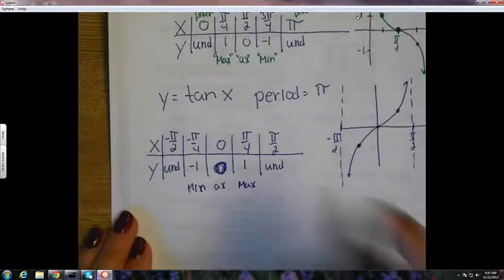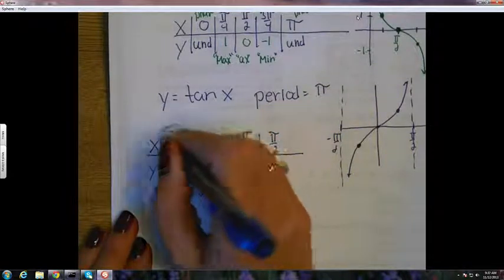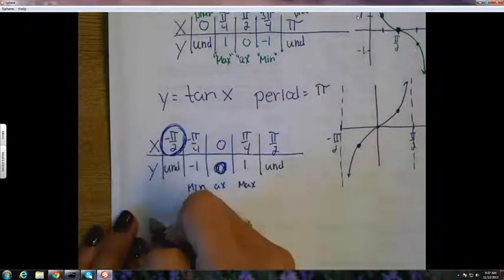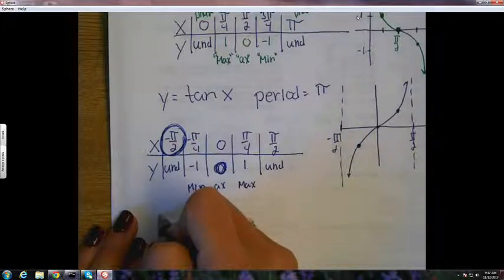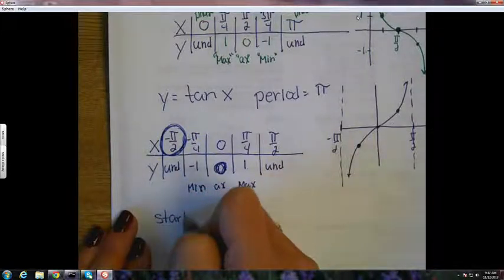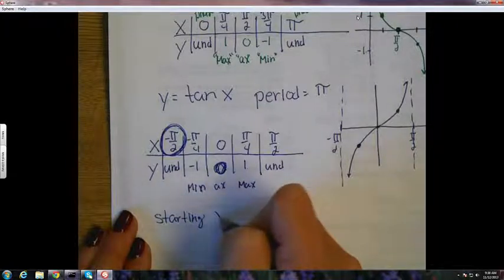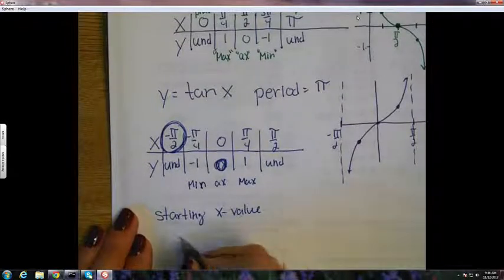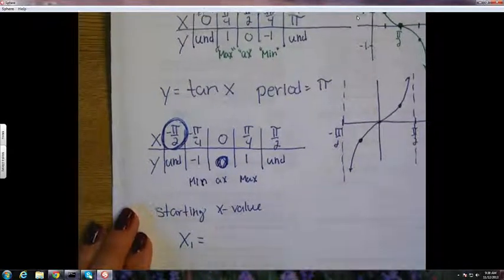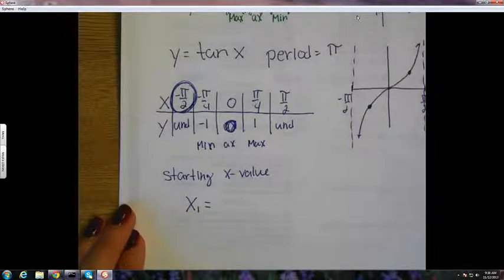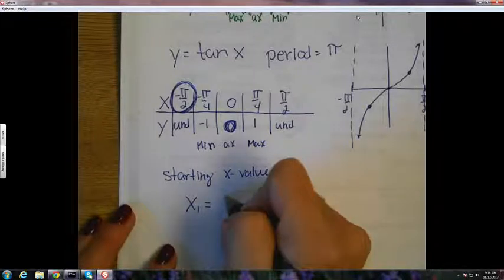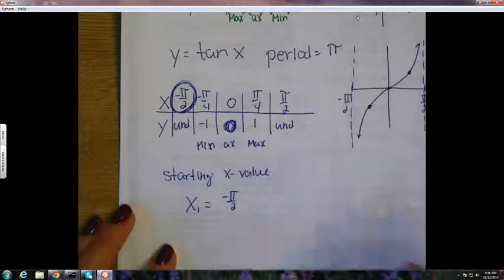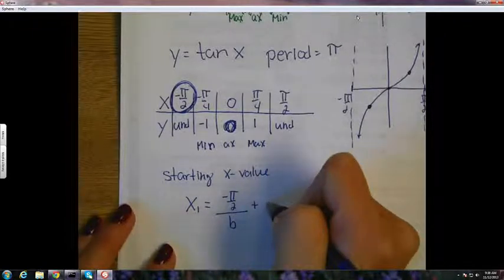Okay, the starting x value. This has a little formula. So for tangent, to get that first x value, where it would normally be at negative pi over 2, unless we have some phase shift, it's going to be negative pi over 2, divided by the b, and then add on the phase shift.